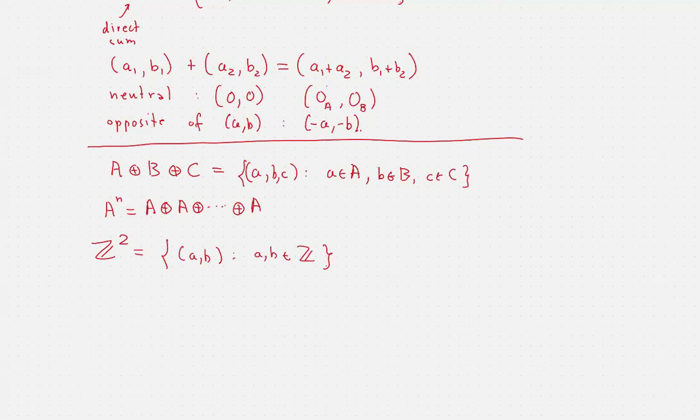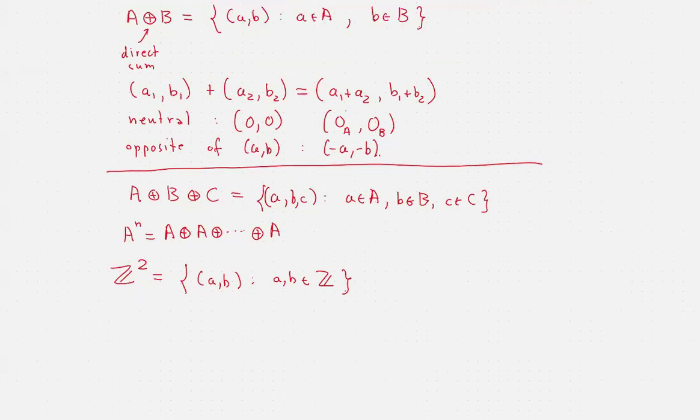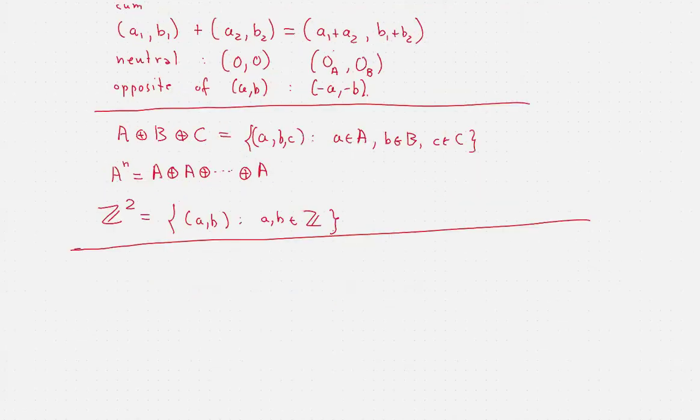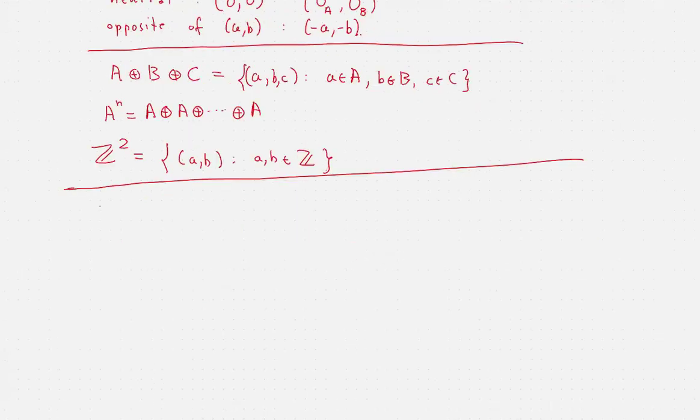So we will see that in our study, we will be particularly interested in groups of the form Z to the r direct sum with Z over n1 Z, and so on, so we will have finitely many components here.